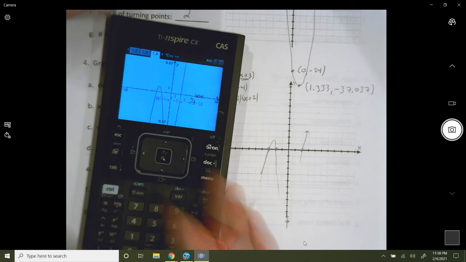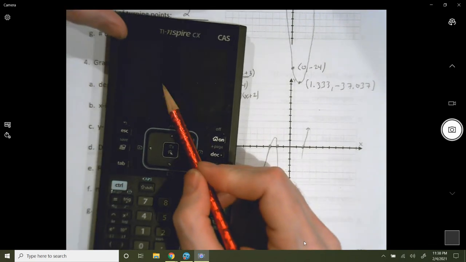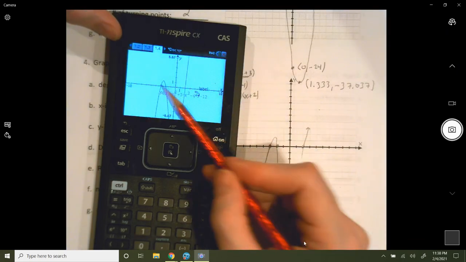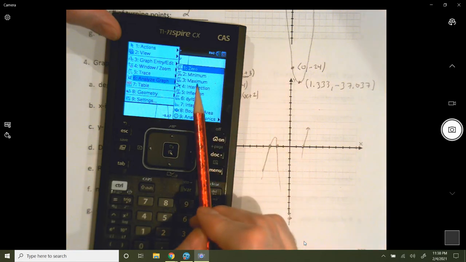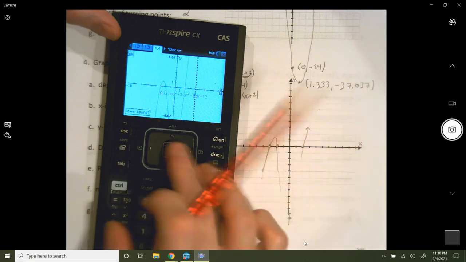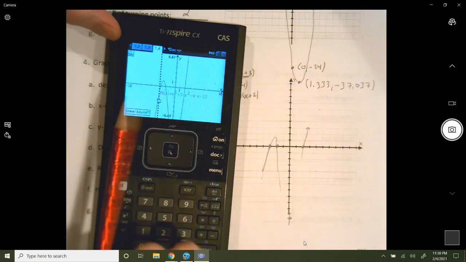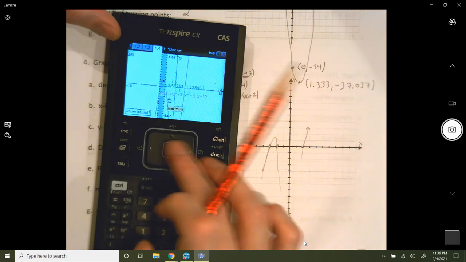Okay, so let's look at this last one. So there's our max. Calculator went to sleep. Let's find that one. Menu 6, analyze graph. We're finding a max because it's a high point. And let's go to the left. There's the top point, so we have to go to the left, a lower bound, an x value that's below it, and an x value that's above it.